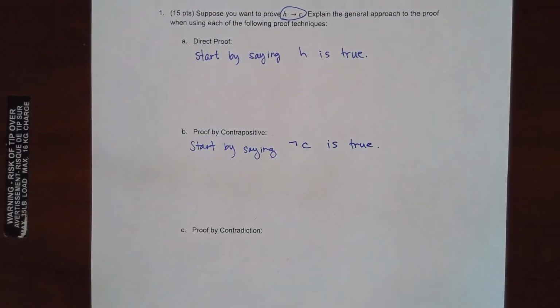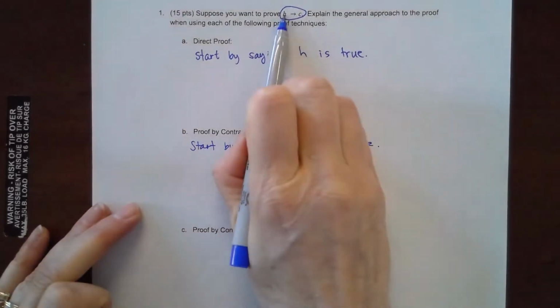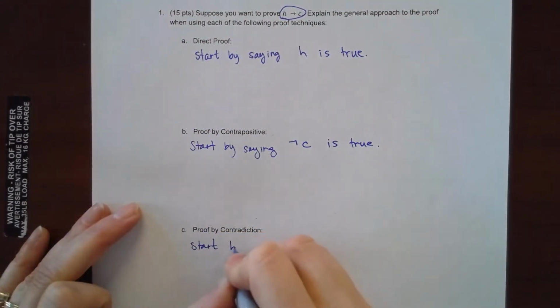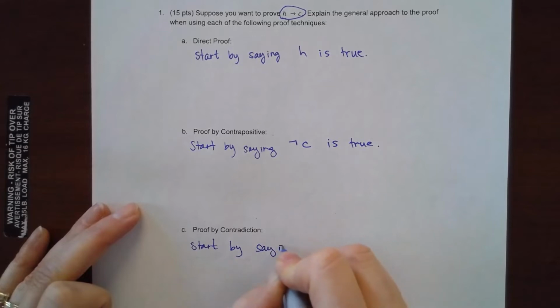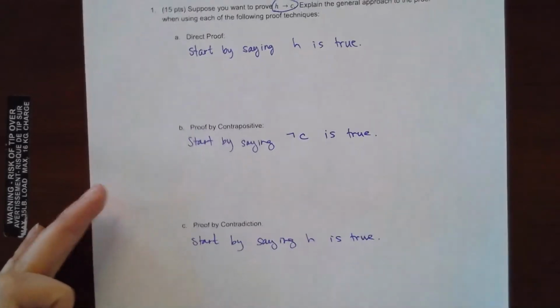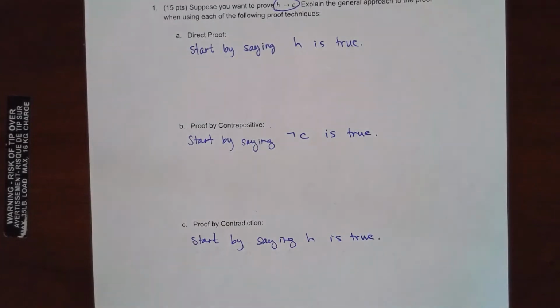And then I try to get somewhere from there. If I'm doing a proof by contradiction, I start by saying that the hypothesis is true. Okay, so those are my starting points for each of the places.